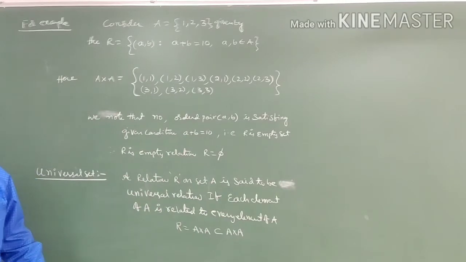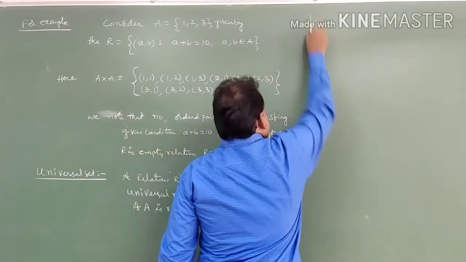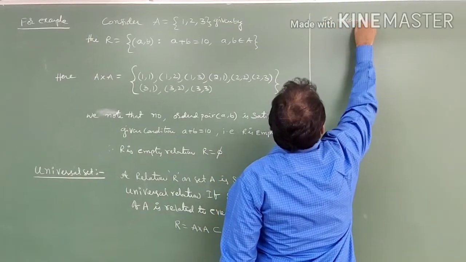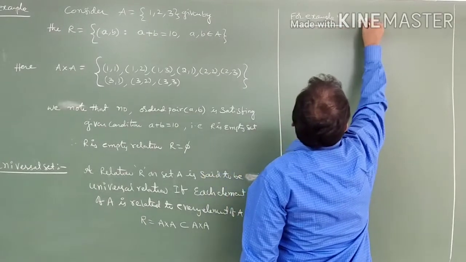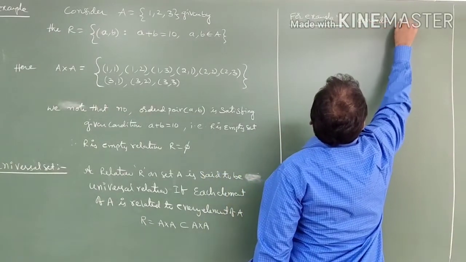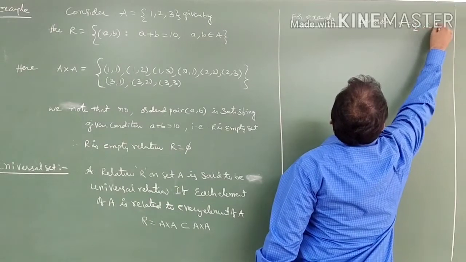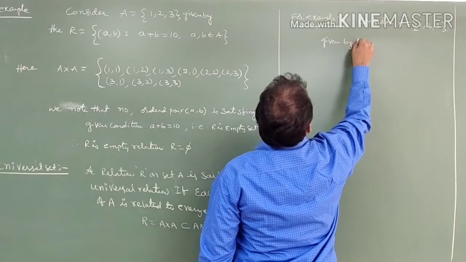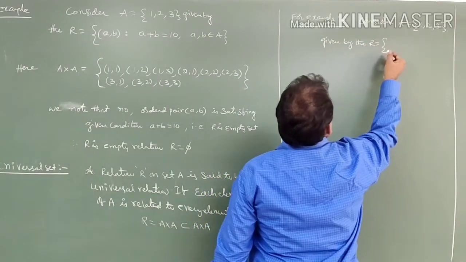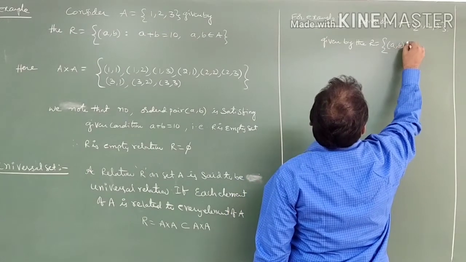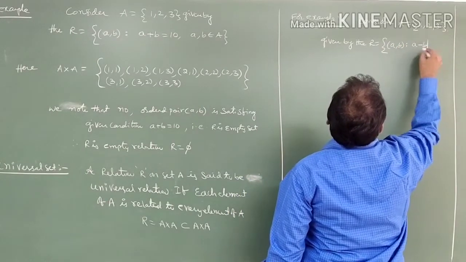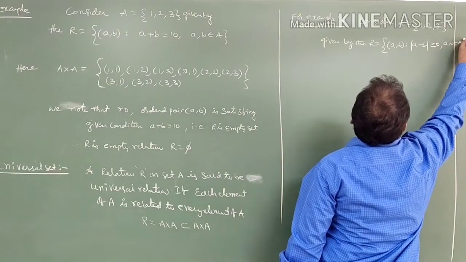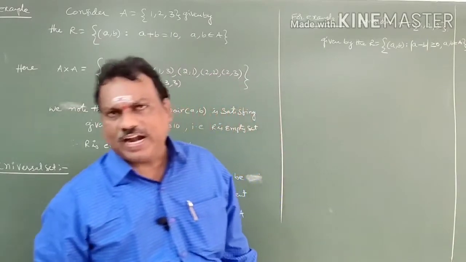We will explain with an example. See students. For example, consider A equal to the set {1, 2, 3} given by the relation R equal to the set of ordered pairs (a, b) such that modulus of a minus b is greater than or equal to 0, where a, b belong to set A. This is the given condition.